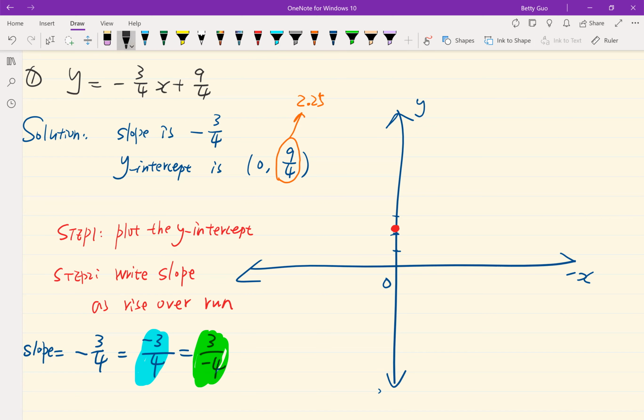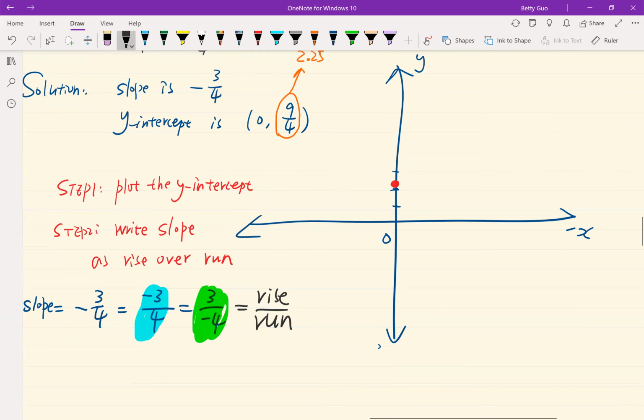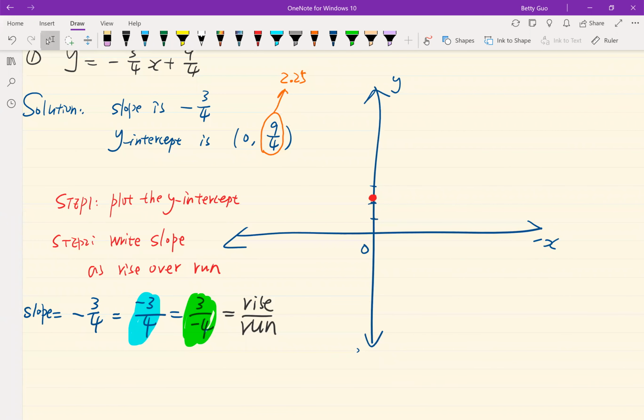Then you would have the rise and run. This step is very essential, very important. In this case, we have two ways to write a quotient of two integers, -3/4 or 3/-4. Do you want to use the blue one or the green one?